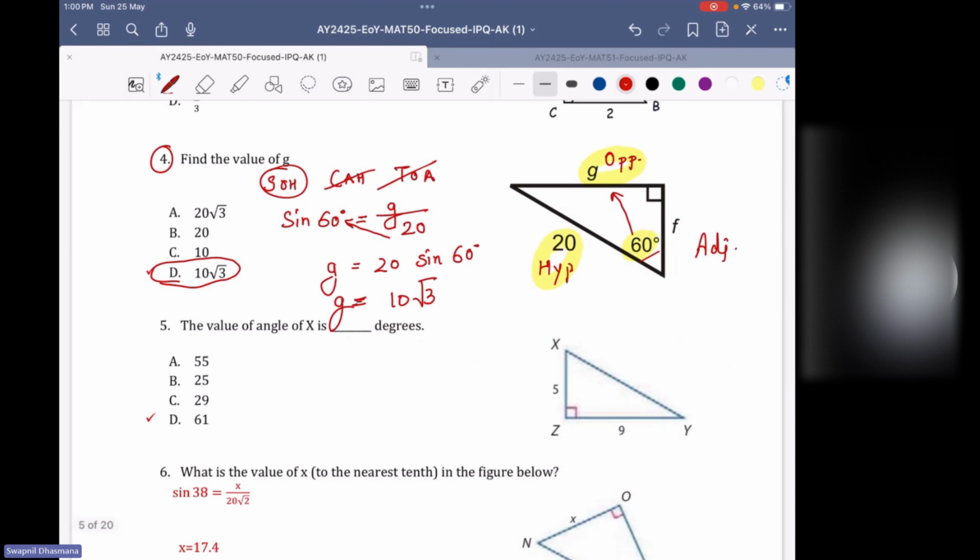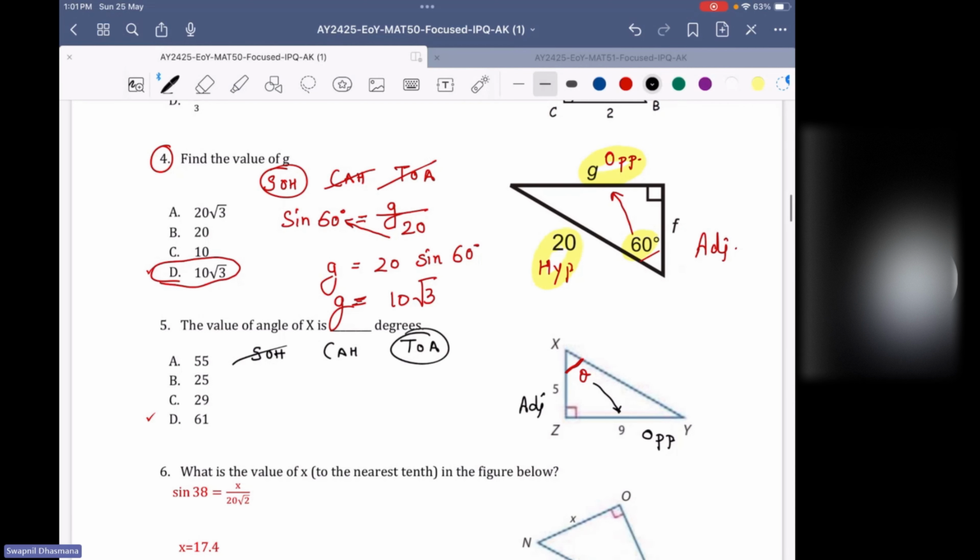The value of x, in this case, if you have to find this angle, so this is like theta. So you will see again which rule you can apply. TOA. So what do we have here? We have the opposite, we have the adjacent.